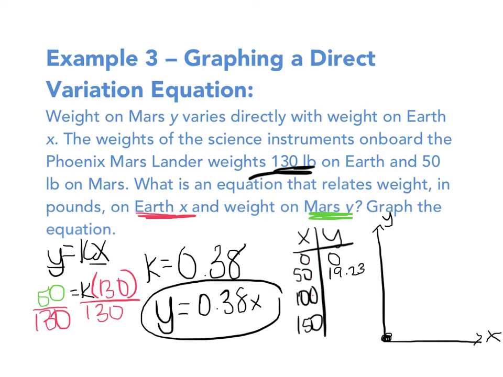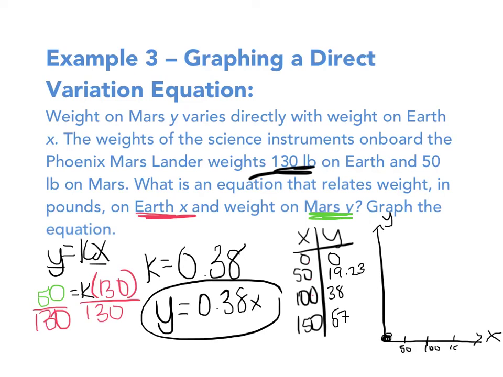Then I'm going to plug in 100, and when I plug in 100 for x, I get 38. And when I plug in 150 for x, I get 57. So now I'm going to label my axes: 50, 100, and 150. Sorry, I'm a little squished.